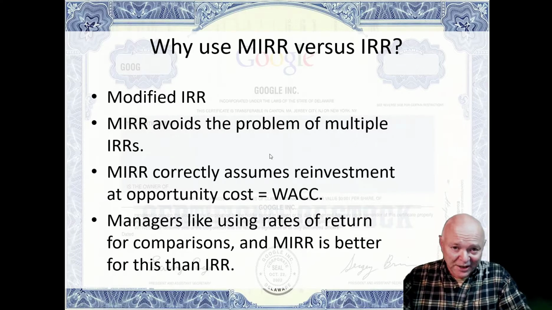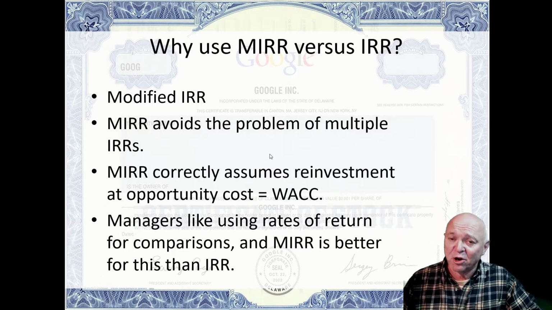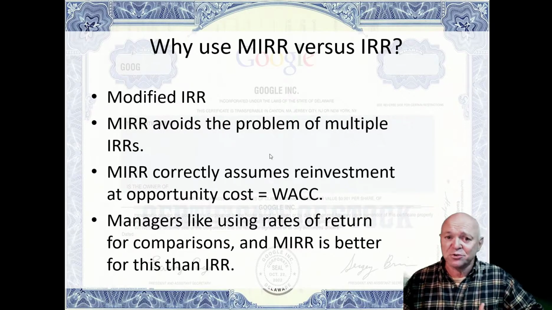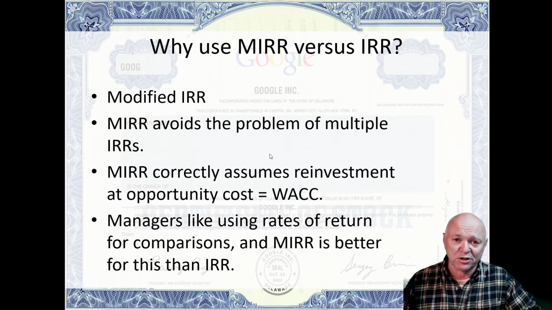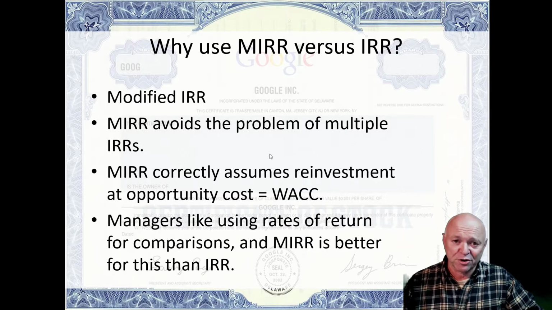We know that managers like using the internal rate of return for comparisons because it provides us information in percentage terms, but also because it avoids the issues of calculating the weighted average cost of capital. The downside of the modified internal rate of return is the calculations are a little bit daunting.